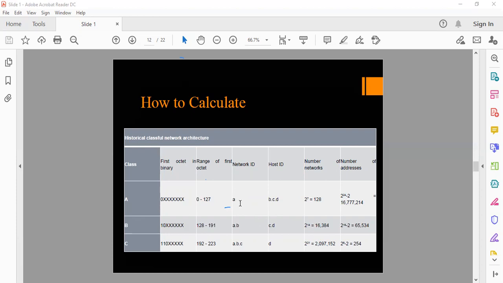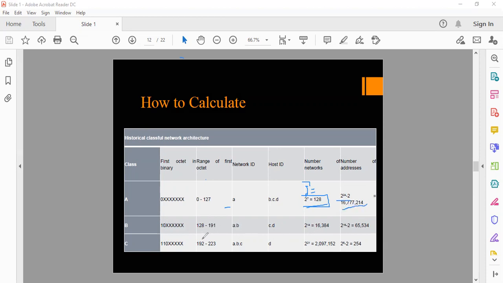The first octet will be reserved for network, while the other three octets will be reserved for host. How is its value calculated for network numbers? It will be 2 raised to power 7, which is 128. We remove 1 from that for loopback IP addressing, while 2 raised to power 24 addresses are used for host IP addressing, and it becomes about 16 million.